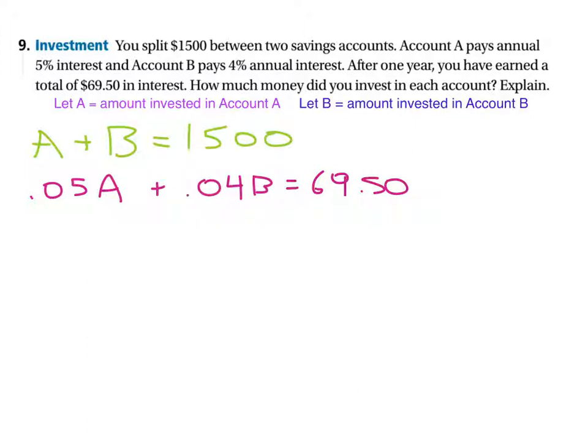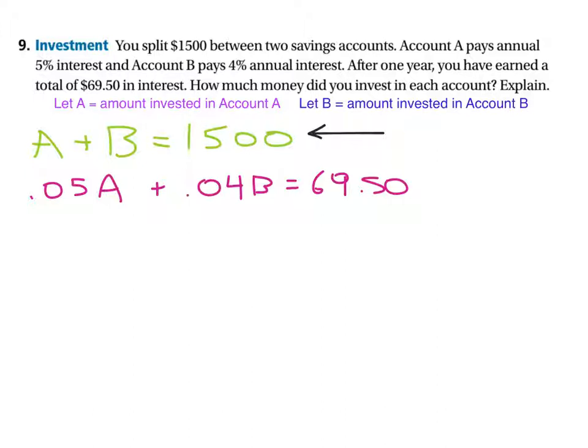It would make a lot of sense to solve for one of these variables, A or B, and then do substitution to solve for the other one. You're going to have to do some decimal calculations here. I know that some of you, when you're not in class, are relying on calculators.